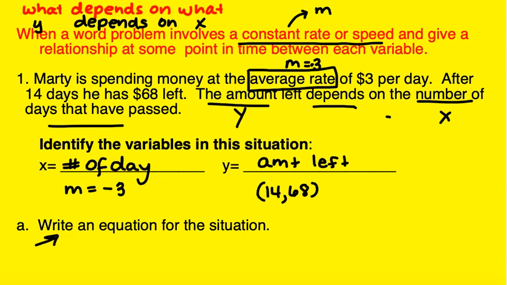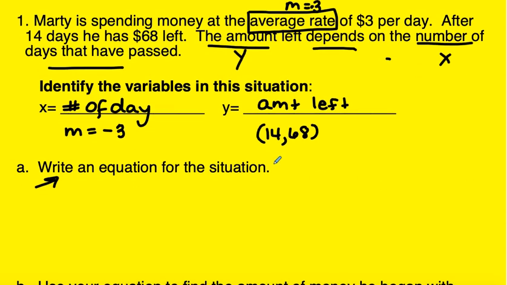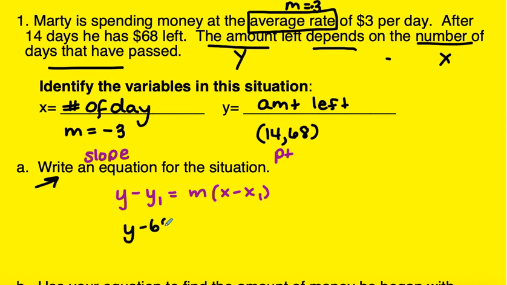All right. So now I need to write an equation for the situation. Well, if I have a point and a slope, then it should make sense to you that we're going to use point slope. All right, let me remind you, point slope is y minus y1 equals m times x minus x1. All right, so we just plug in our data. So y minus 68 equals -3 times x minus 14.